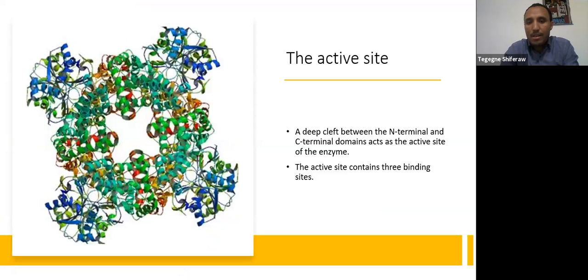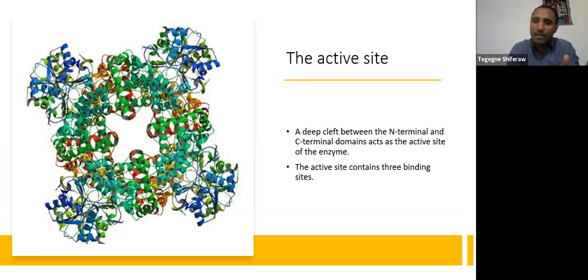Regarding its active site, the active site of the glycerol dehydrogenase enzyme is made up of the N-terminal and the C-terminal. The N-terminal includes the residues from 1 to 162.